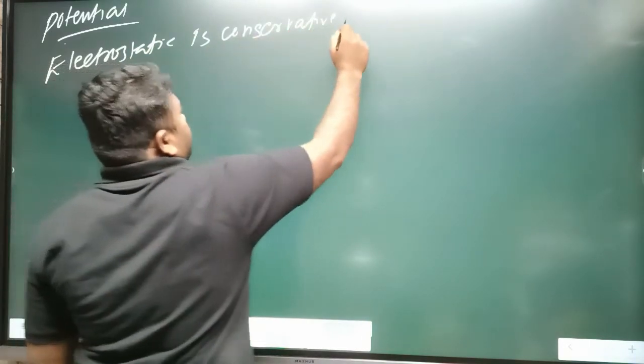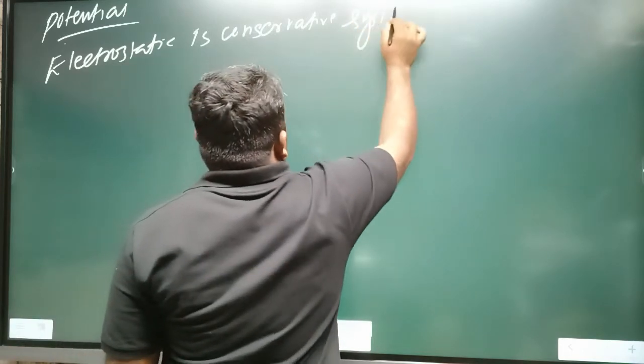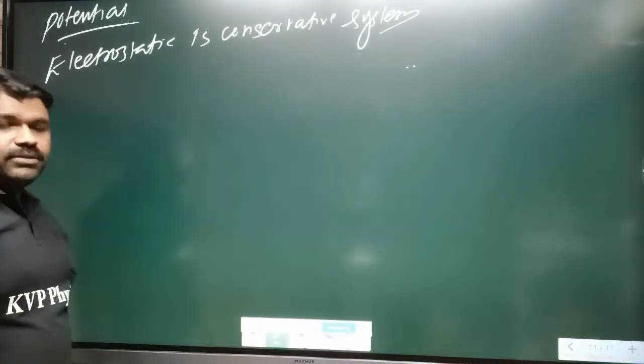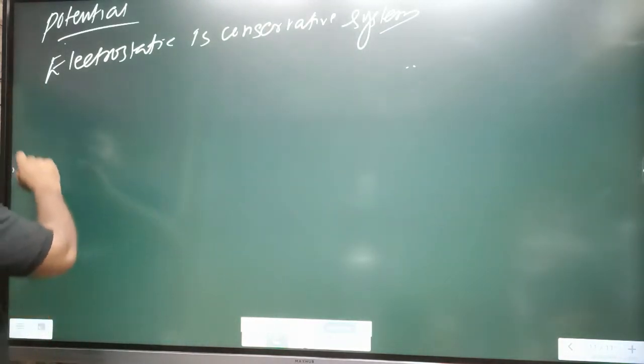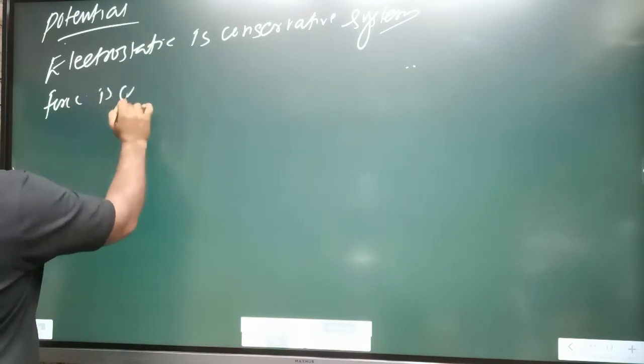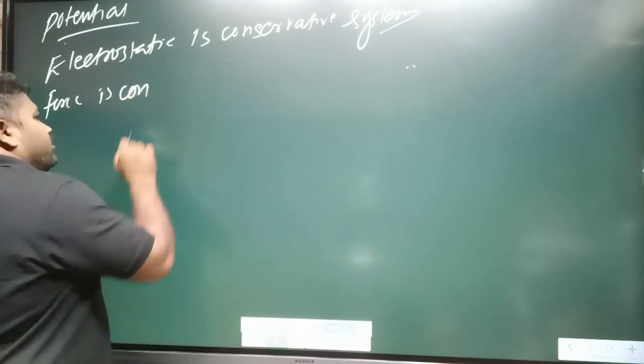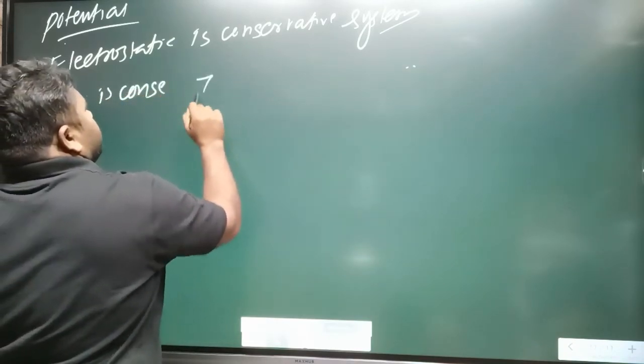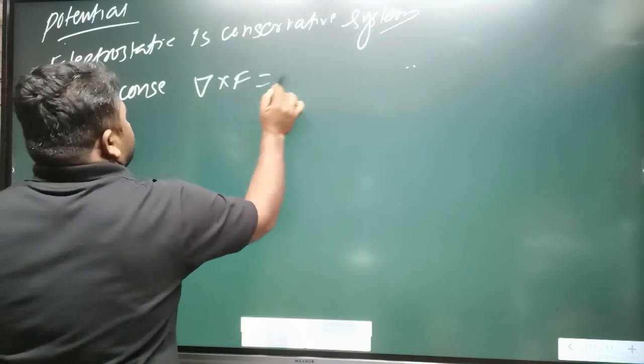We know that if the system is conservative, then force is conserved. Curl of F bar is equal to 0.